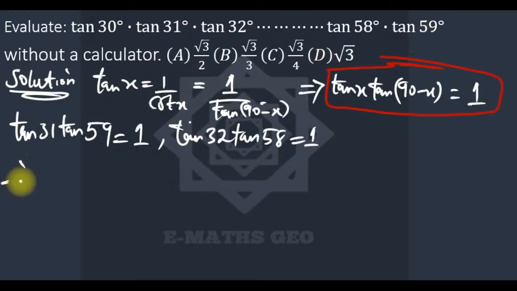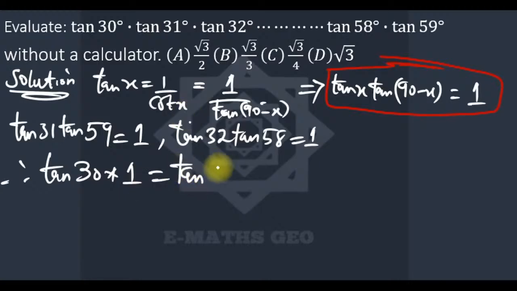Therefore this product is just tan 30 times 1, because if you pair them, it will give us 1 times 1 times 1 times 1, which is 1. So our answer is tan 30 degrees, which is root 3 over 3.